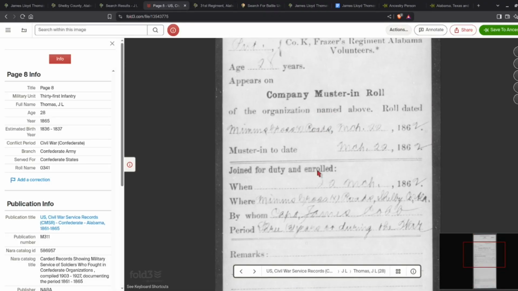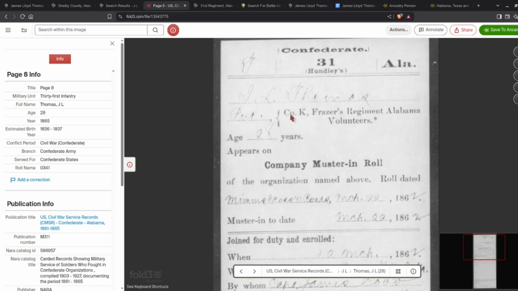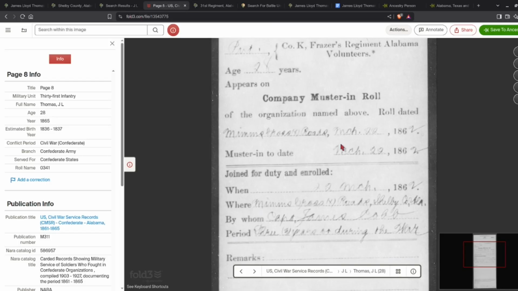Okay, this is his enlistment. It says he was 28 years old, Company K, Fraser's Regiment, Alabama Volunteers. So we can make note of that and research that unit and see what they were involved with. And his muster-in date was March 22nd, 1862. So it does conflict a bit with his pension record, but he was probably just remembering and not knowing the exact date.